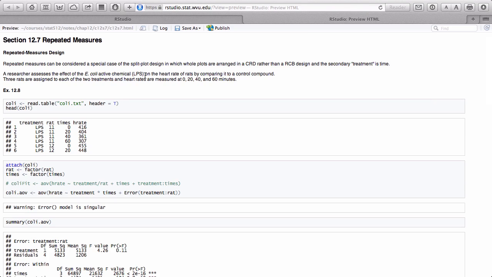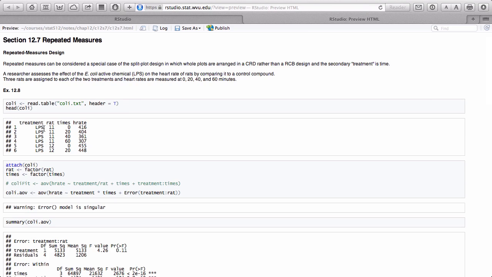The animal rights people are after us now. You inject the rats with E. coli. That's going to speed the heart up, but then you measure with time to see if it drops off. But you're also looking, is the LPS in general higher than the control rats, which don't get any? They have a placebo. It could be another compound that also speeds the heart up, depending on what your research study is about.